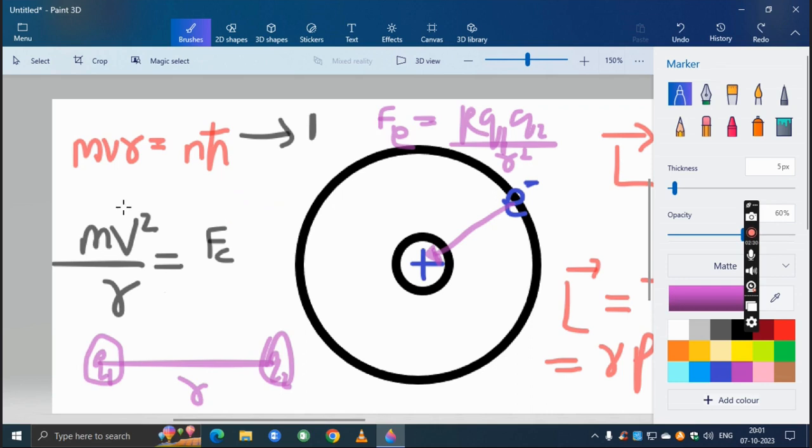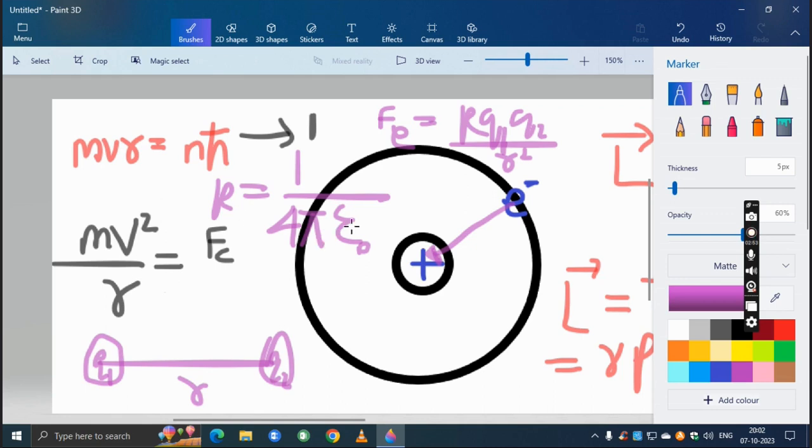So Fe equals k q1 q2 by r square, and k is given by 1 by 4 pi epsilon naught. When the medium is free space, epsilon becomes epsilon naught.